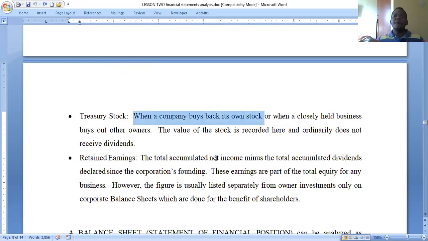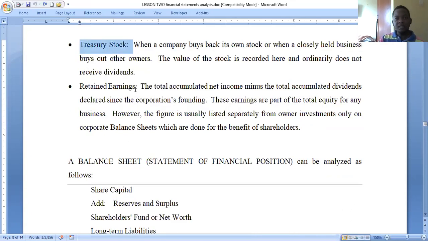It's like the company investing in itself. Say a company like Nation Media Group buying shares of Nation Media Group, investing in yourself. So these are known as treasury stocks. They also form part of shareholders' capital.